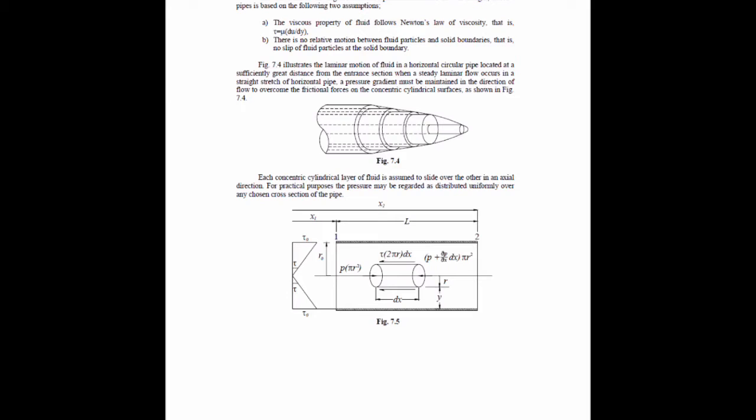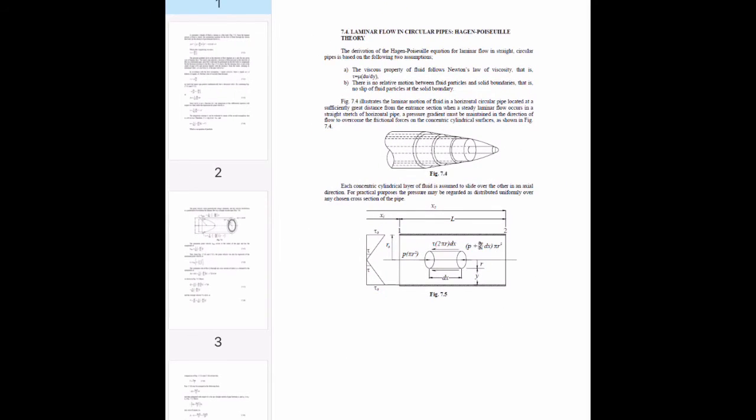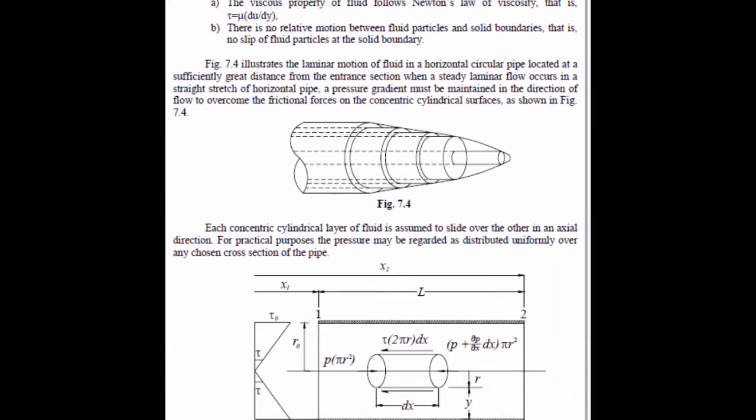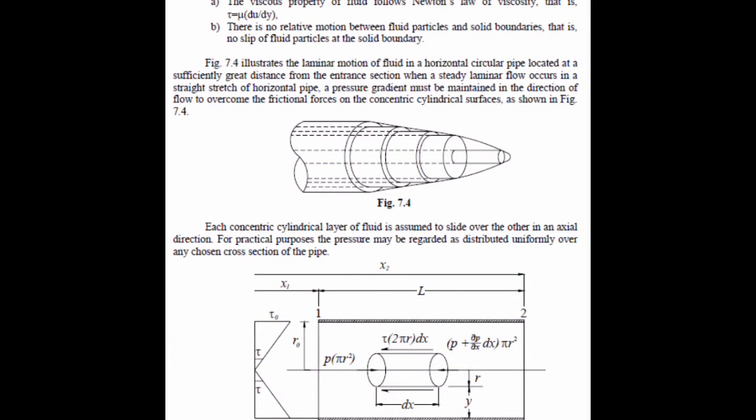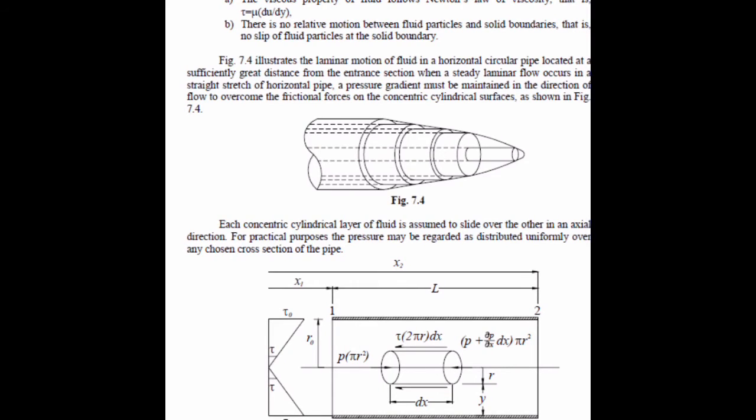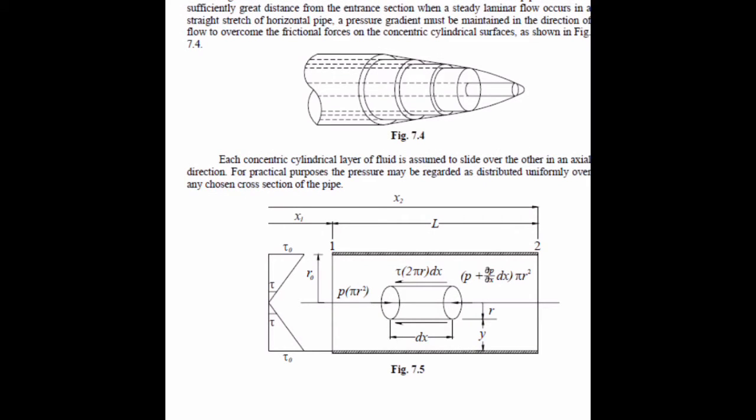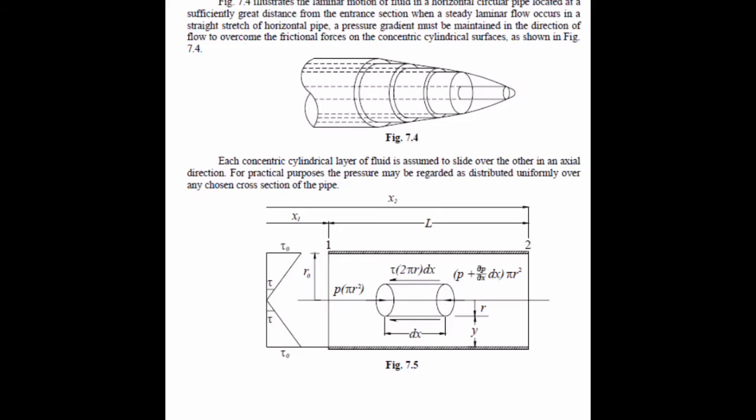So we have to consider two assumptions on the basis of which we are going to derive the Hagen-Poiseuille's equation, and these assumptions are: number one, the viscous property of fluid follows Newton's law of viscosity, that is tau equal to mu del u by del y. And second condition is there is no relative motion between the fluid particles and the solid boundaries, that is at the boundaries there should be no slip of fluid particles.